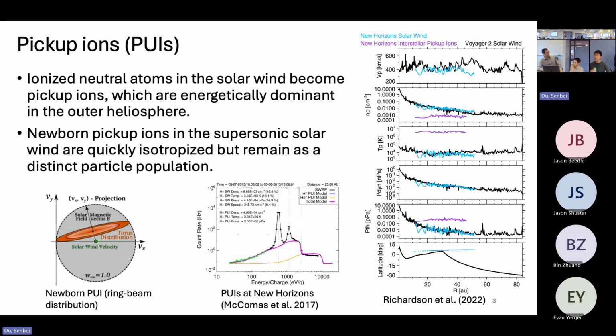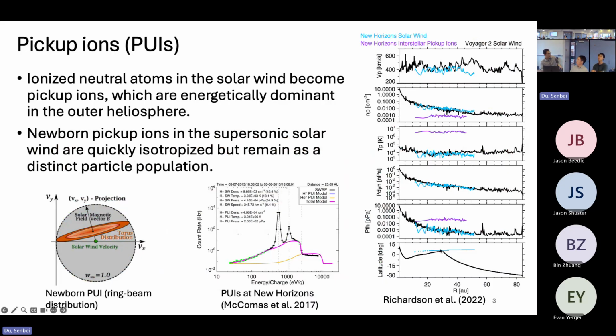First is the pickup ions. We know that pickup ions are ionized neutral atoms in the solar wind, and they are usually the energetically dominant component in the outer heliosphere, as illustrated in the right figure.